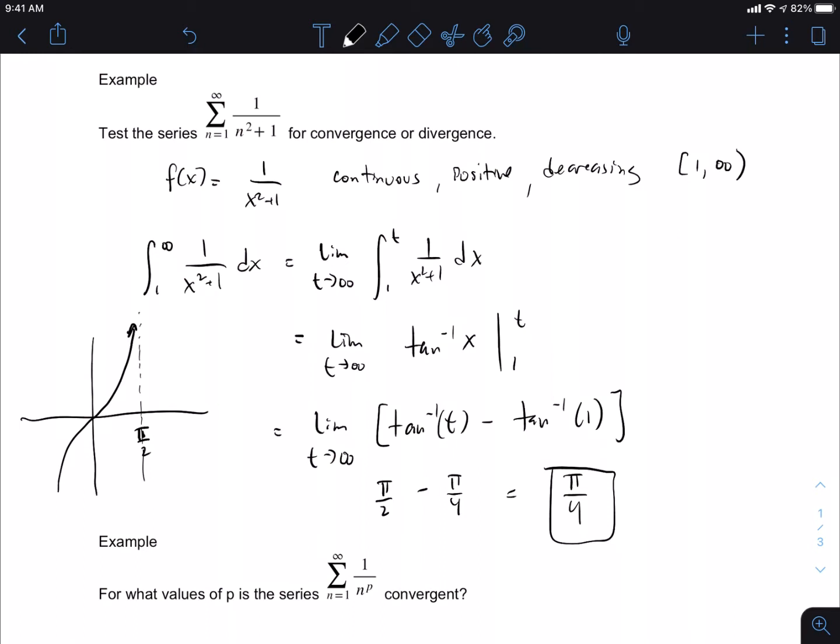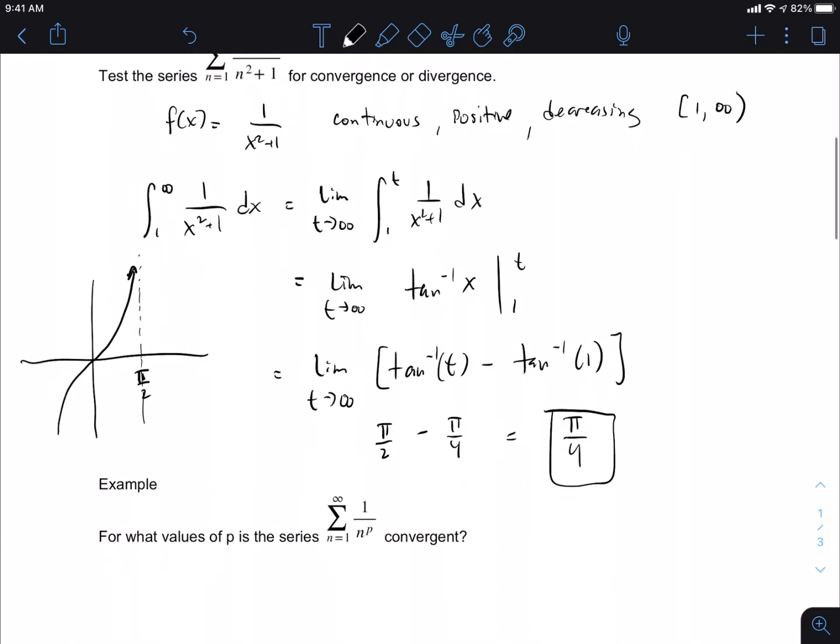And then tan inverse of 1, we know to be pi over 4 from trigonometry. So that's the integral test right there. But these conditions need to hold true. It's got to be continuous, positive, and decreasing.